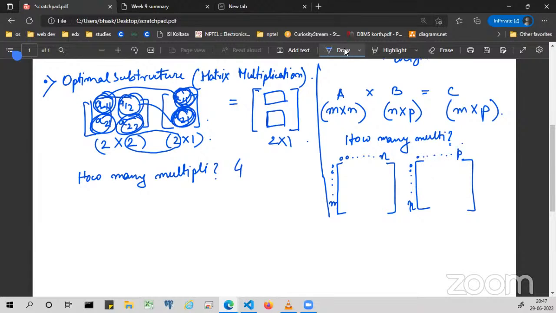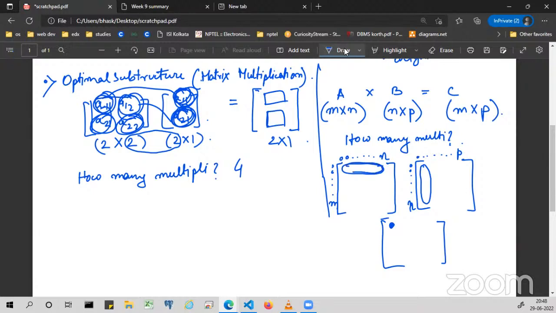Done. Now when I'm multiplying, what was I doing? I was multiplying this thing with this thing, to store in the first cell over here. First, only the first cell I want to store. I was multiplying the first row of matrix A with the first column of matrix B. And what was happening inside this step?